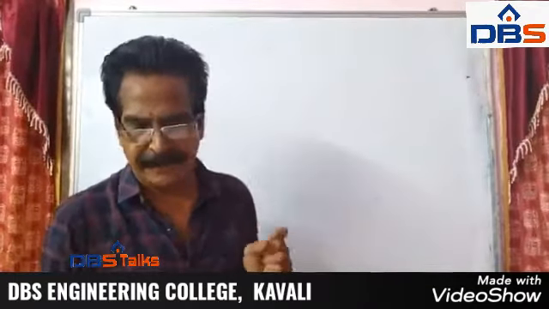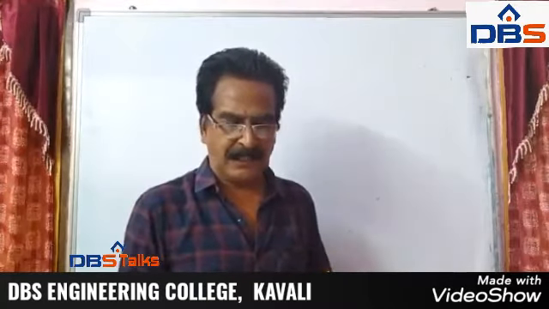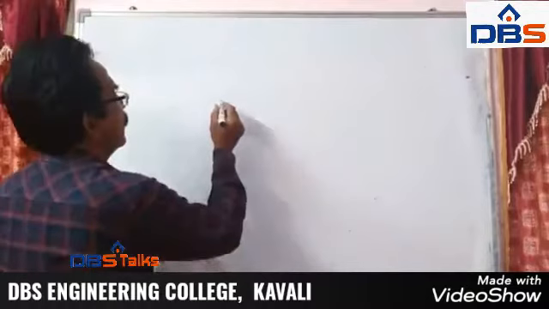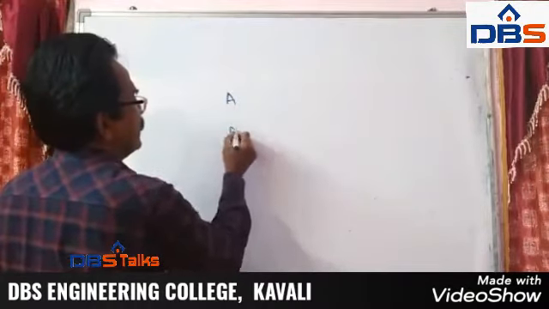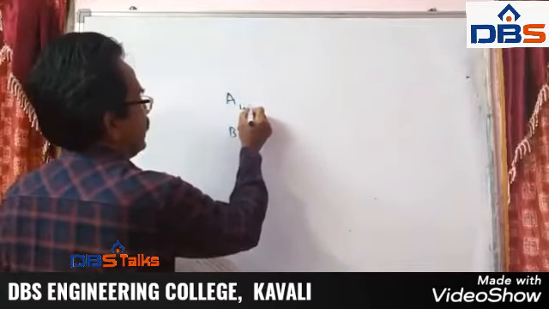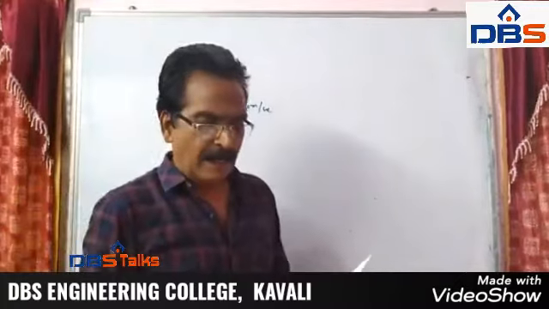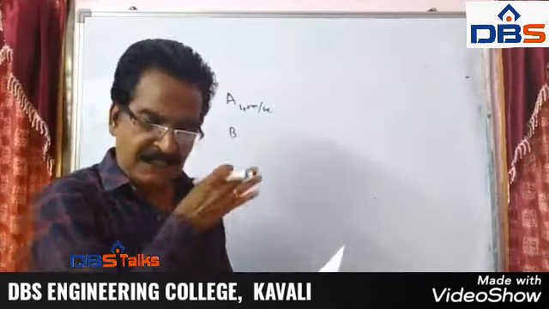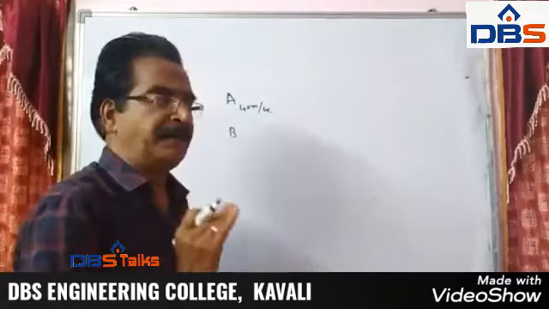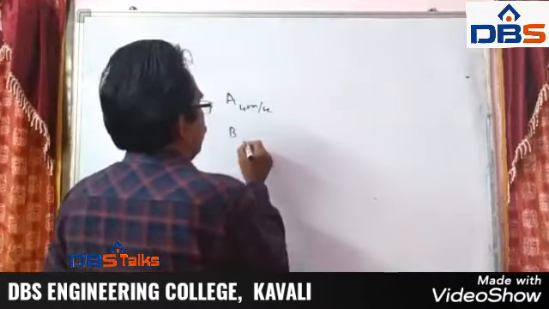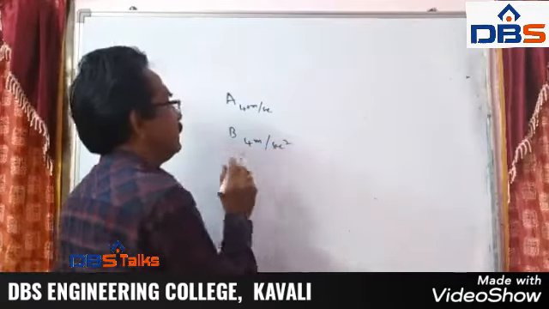If A starts with uniform velocity of 40 meters per second, and B starts in the same direction with constant acceleration of 4 meters per second square.